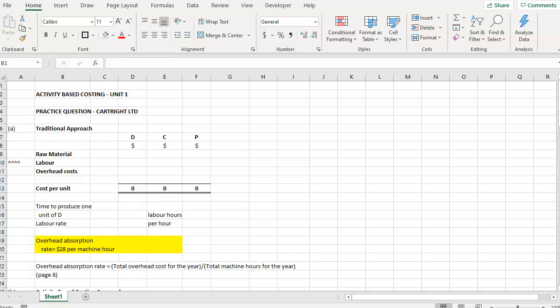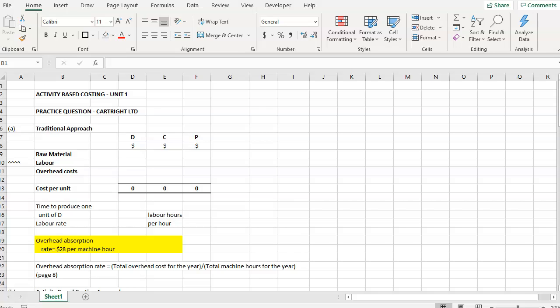And so we're going to see in our calculation that we're going to end up with 2 different costs per unit. Part A, asking for a cost per unit using the traditional approach, and Part B, asking for the same cost per unit, but this time using activity-based costing.